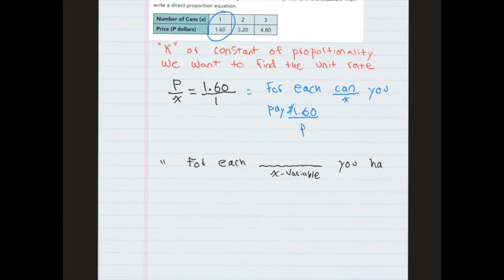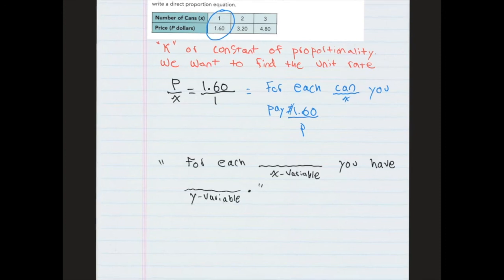Sometimes it's you pay, sometimes it's you get, but usually it's something like you have this amount of y variables. Okay, and so that's the general expression that we use, that phrase for kind of bringing it all together.